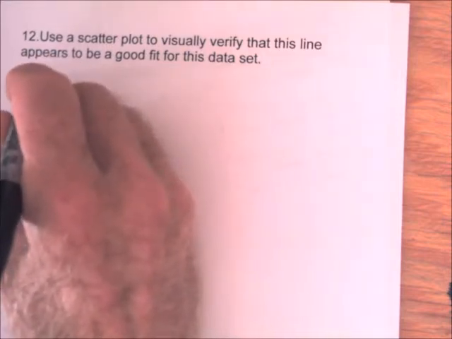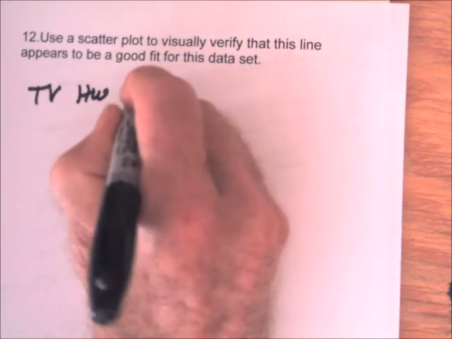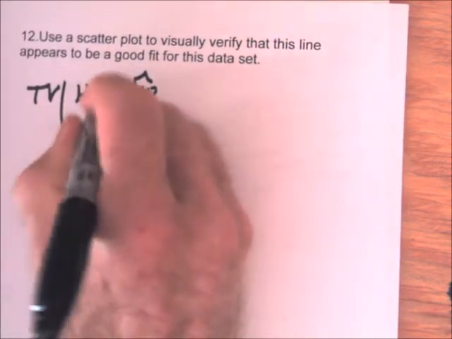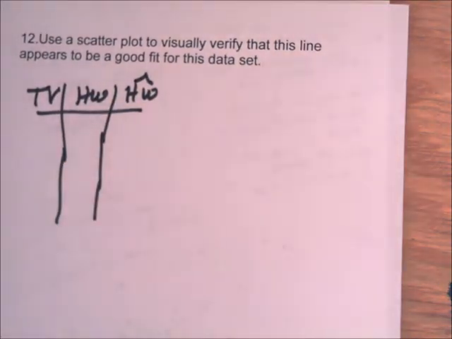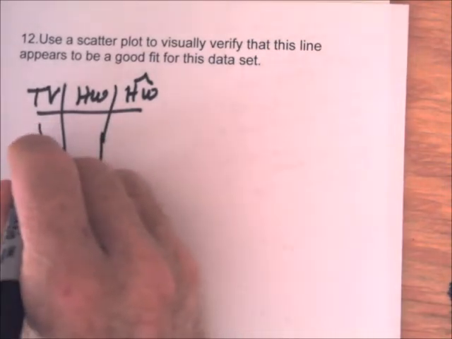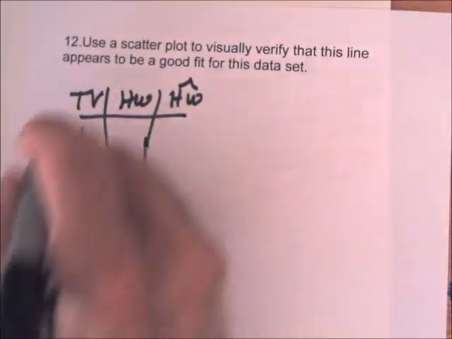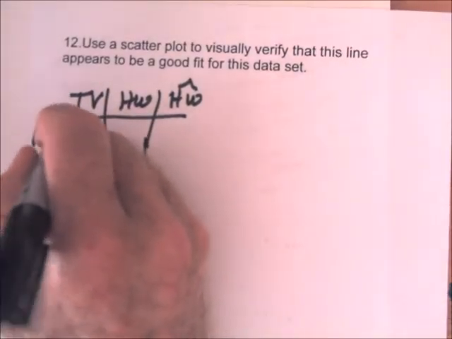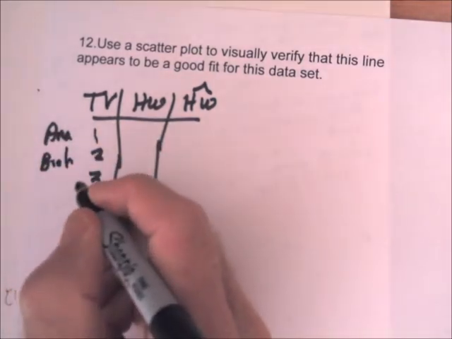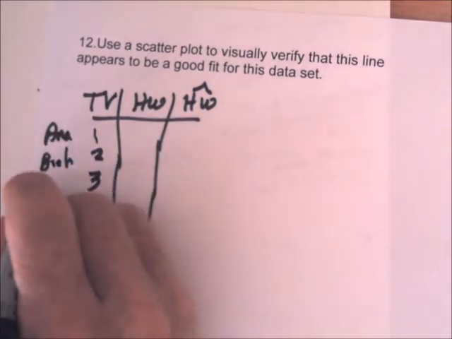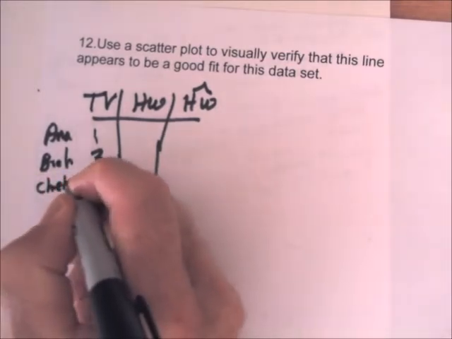We have TV, homework and the predicted homework. Okay. So we have 1, 2, 3, 4, 5. We have Anna, Ben, Chelsea, Dante, and Ellen.